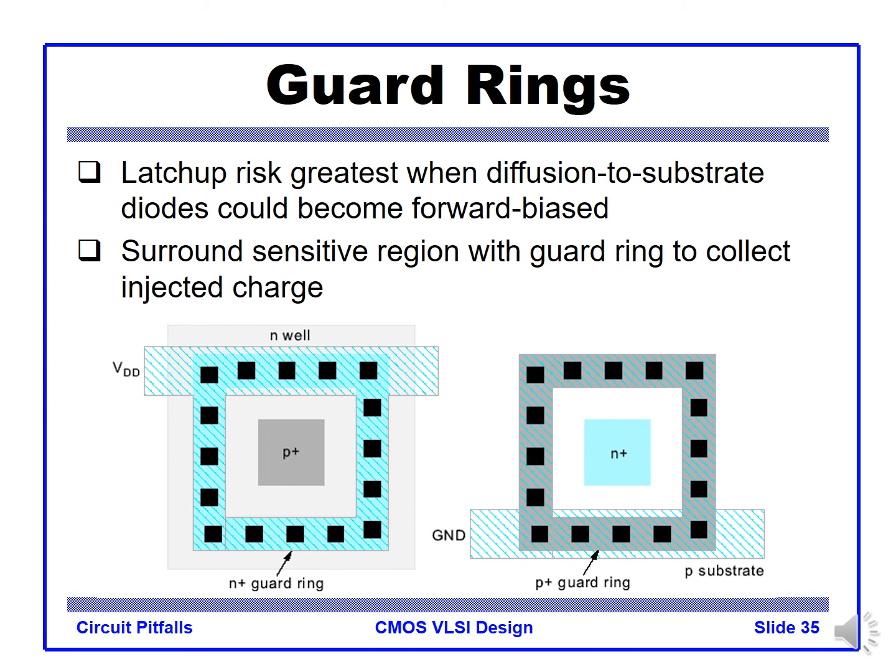So to minimize the risk of latch-up, when you design your circuit, you put the ring type of substrate contact like this, right? For N-well, you put your N-well tap surrounding your device. For the P-well tap you can also do that.